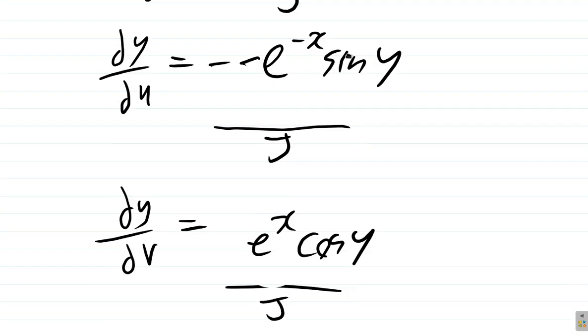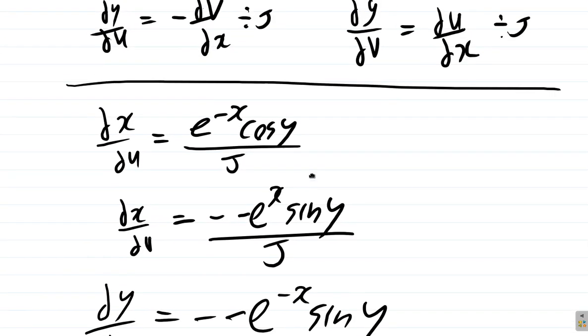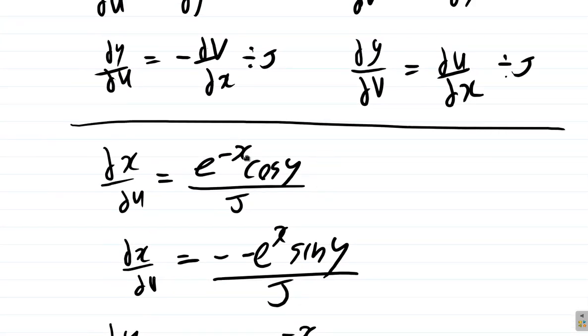Alright. So we have the four that we want. Now, the Jacobian is, what was it again? It's cos 2y. So let us change all of these to cos 2y. This Jacobian is cos 2y.